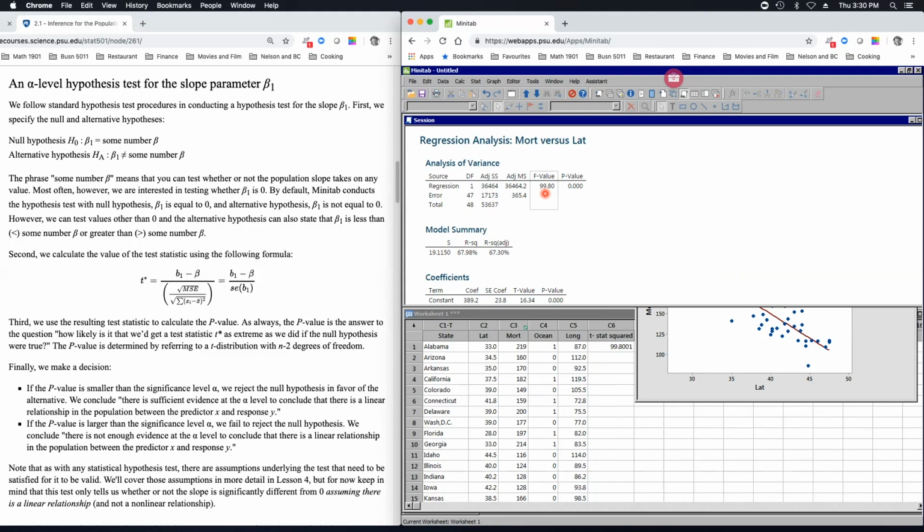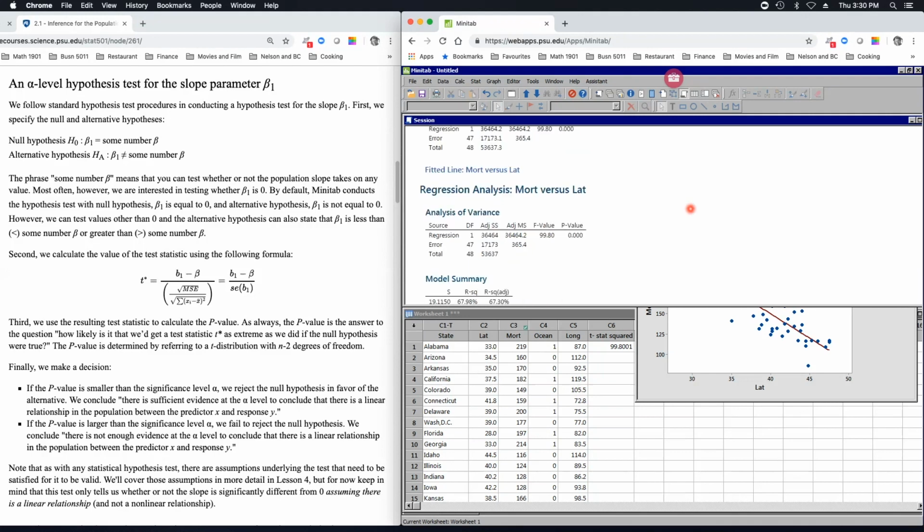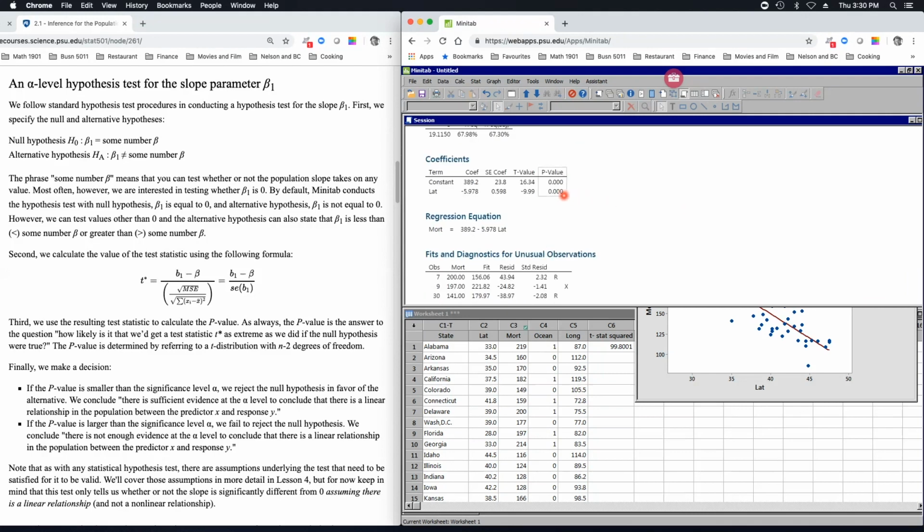And there's a relationship between an F statistic with 1 numerator degree of freedom and 47 denominator degrees of freedom, and a t distribution with 47 degrees of freedom. The F distribution is the square of the t distribution. And so the p-value in the analysis of variance table and the slope p-value in the coefficients table are exactly the same.